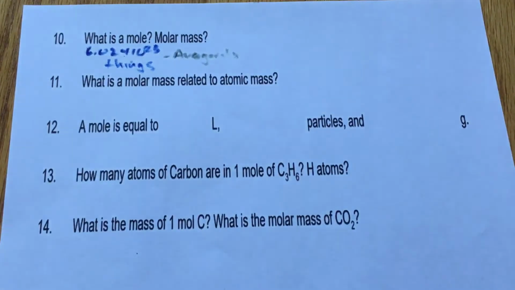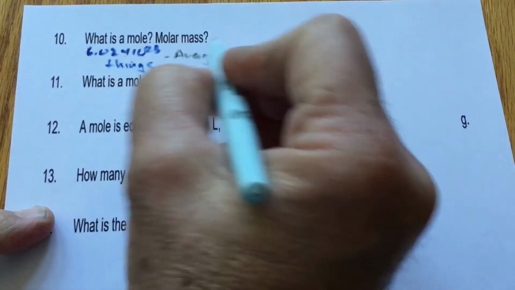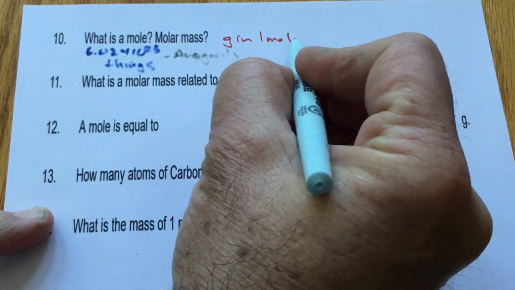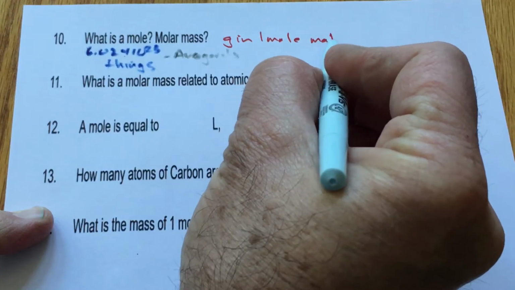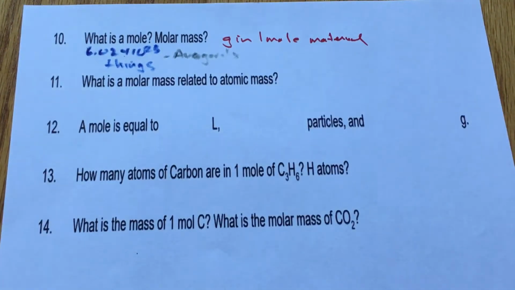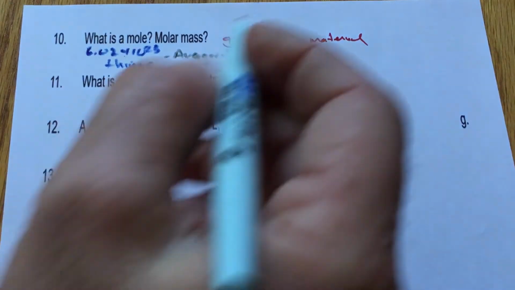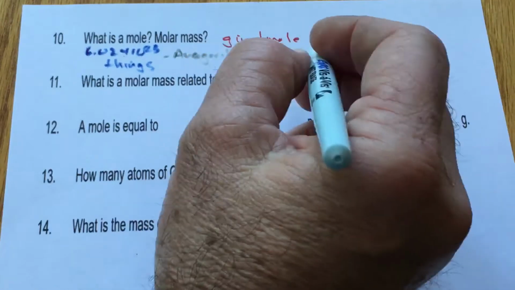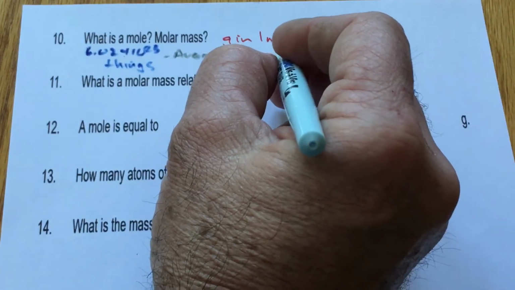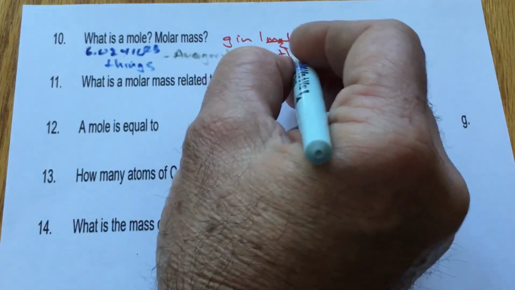Molar mass. Well, molar mass is just how many grams are in 1 mole of a material. One thing that's so nice about the periodic table is that when you look at it, let's say you've got helium here with a 4.0.